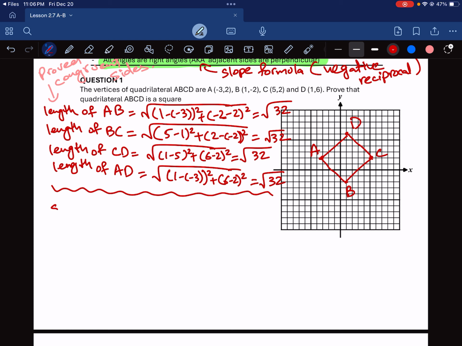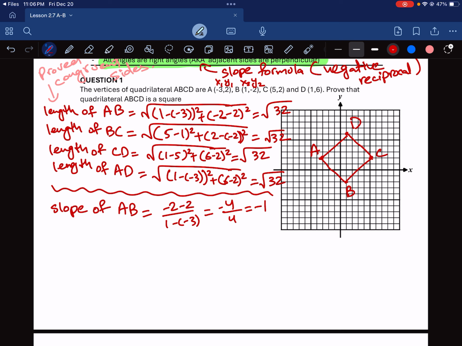We're going to find the slope of AB. I'm just going to substitute it in, but make sure you label x1, y1, x2, y2, just to make sure you're not making any mistakes. You're going to get negative 2 minus 2 over 1 minus negative 3, which is negative 4 divided by 4, which is just negative 1.